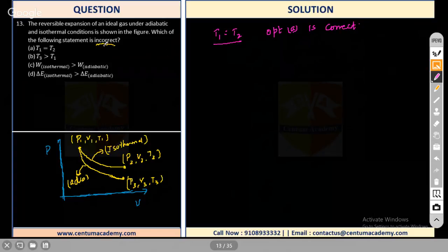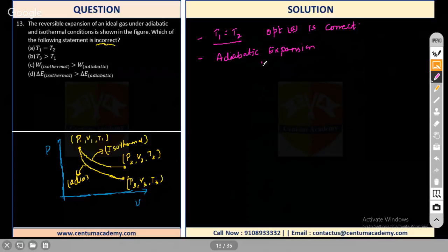We have to find out the incorrect statement. Okay, Sanjana is getting D. So T1 and T3. What is this process? This process is adiabatic, and this is nothing but adiabatic expansion. Volume is increasing.